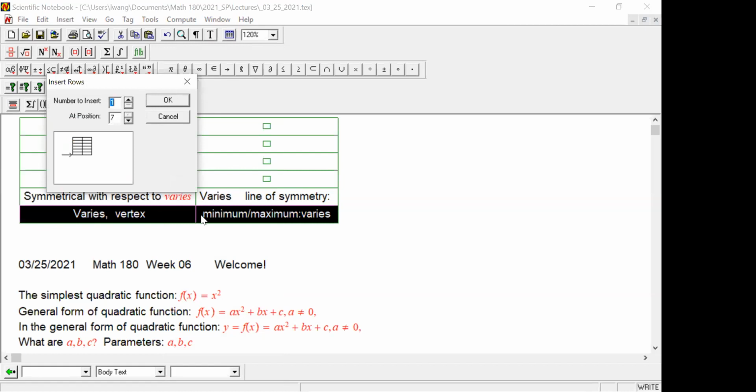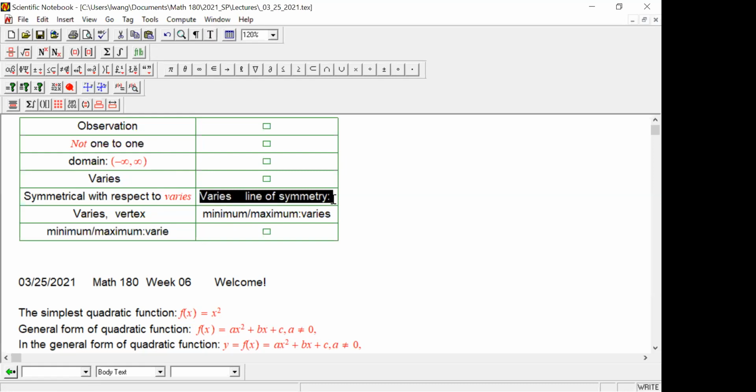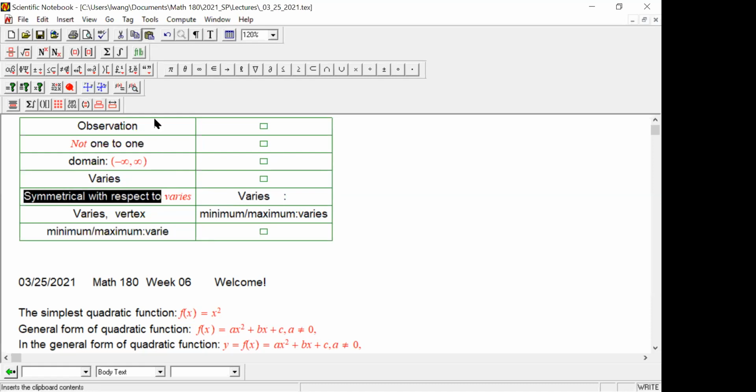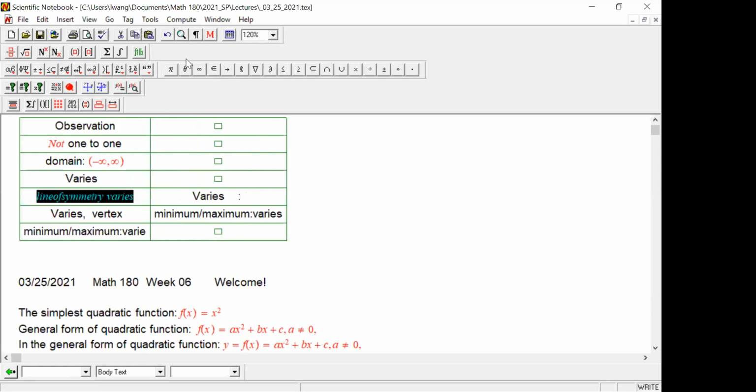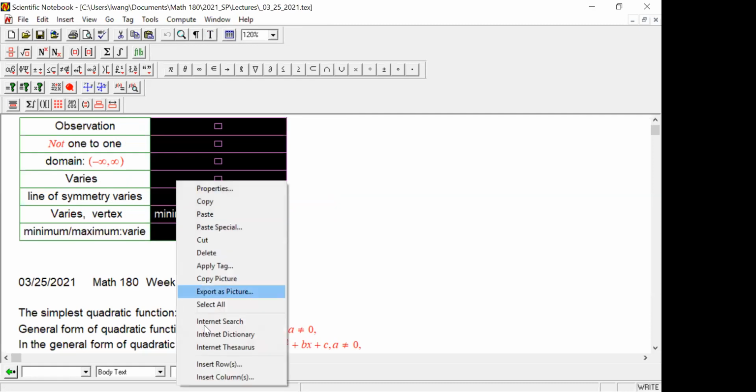This way, we're going to put all of these feature considerations in one column. Okay, and line of symmetry. Line of symmetry varies. So by this time, we have all of these features summarized.